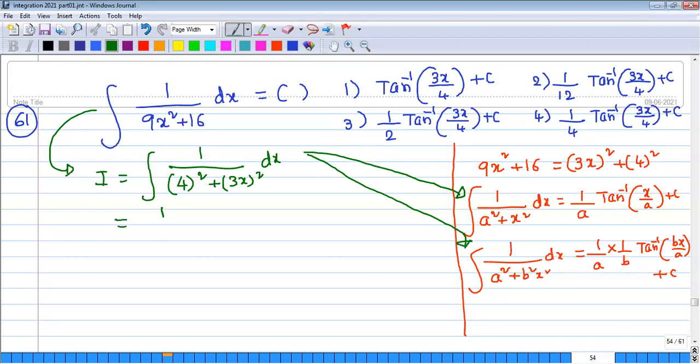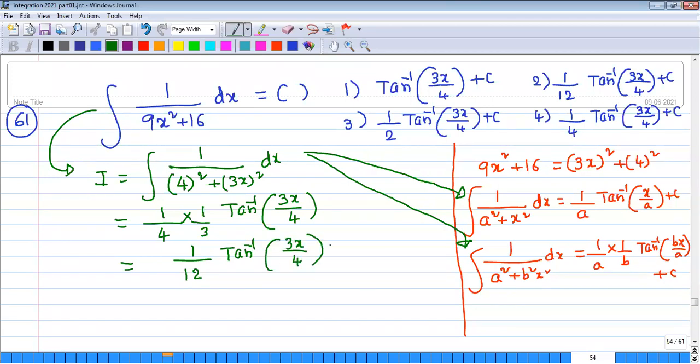This is 1 by a, which is 1 by 4, into 1 upon b, where b is the coefficient of 3x, which is 3. So tan inverse of 3x, in the place of a we have 4. So 1 by 12 tan inverse 3x upon 4 plus constant of integration.